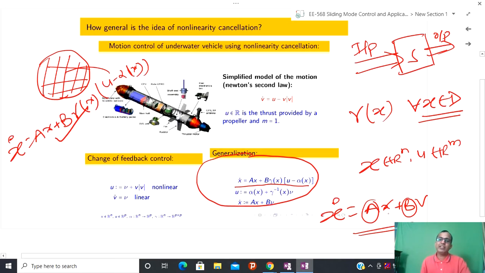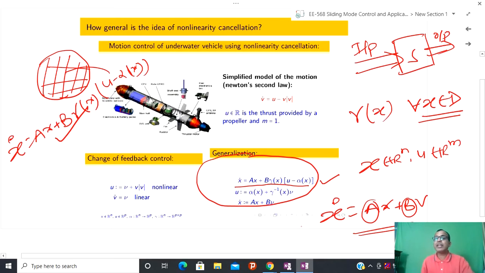Okay, up to here, does anyone have confusion? So it means that I can only compensate or convert a nonlinear system into a linear system if I have this kind of structure.